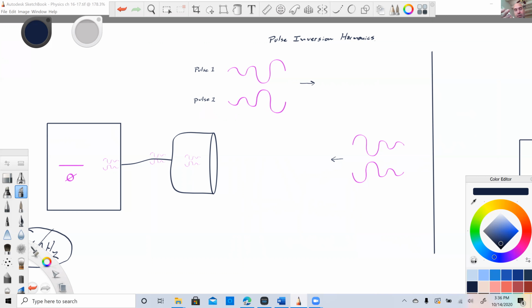in the book and what I've shown here is two pulses, pulse one, pulse two. One of them is inverted. And you guys know what happens when you have peaks and valleys, peaks and rarefactions meeting up with each other, it filters out, right? Except it's actually pulse, then another pulse.